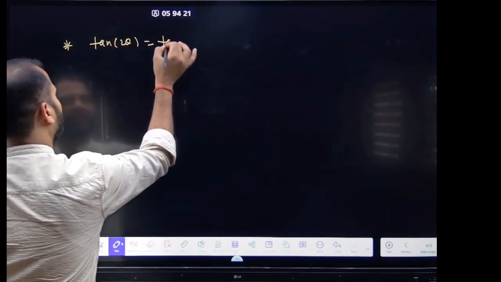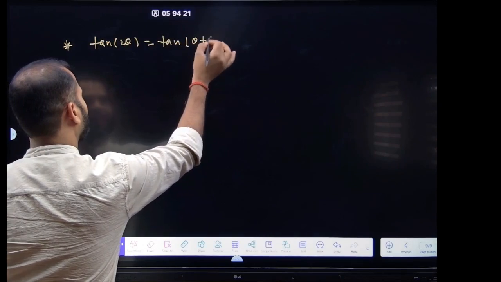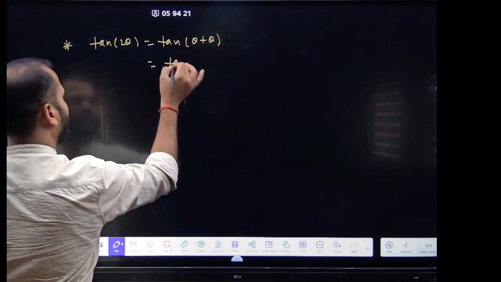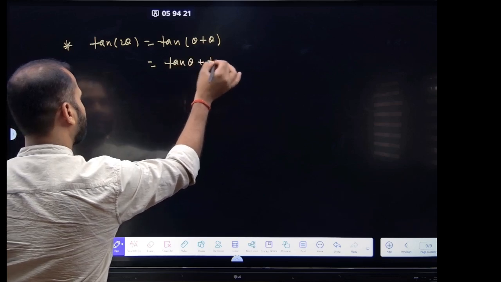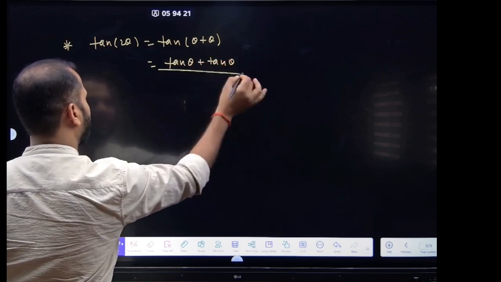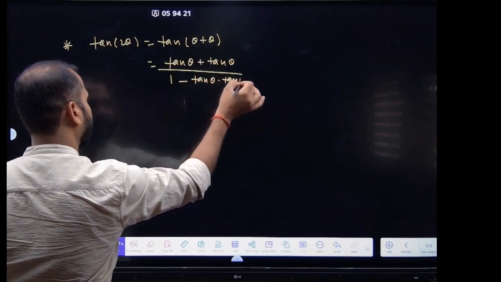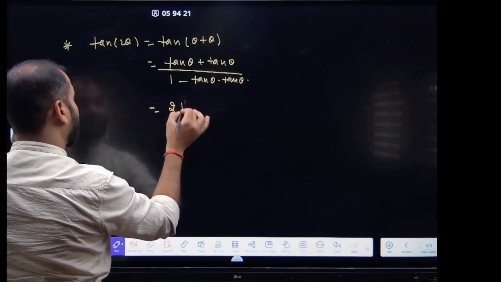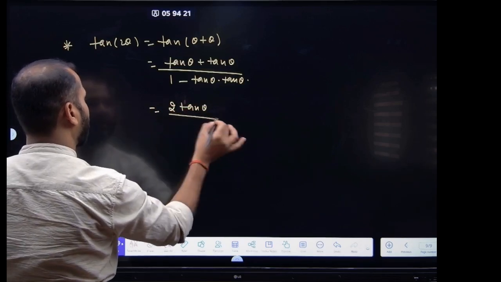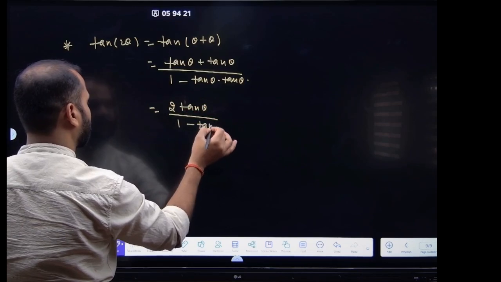What will it be? Tan theta plus theta. So, which formula should I write? Tan A plus tan B divided by 1 minus tan A tan B. So, this is 2 tan theta divided by 1 minus tan square theta.